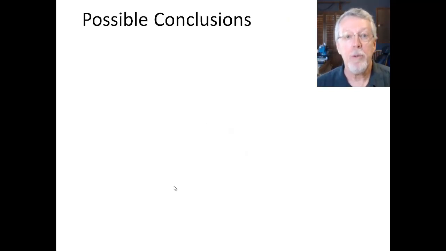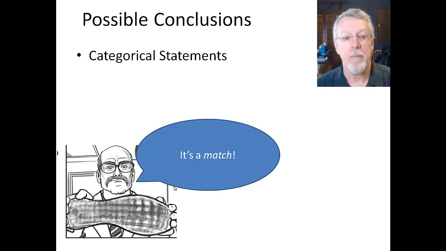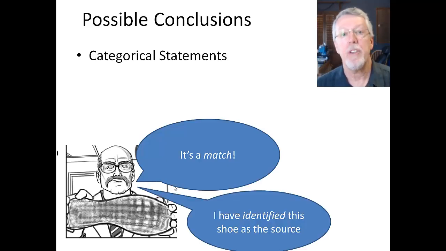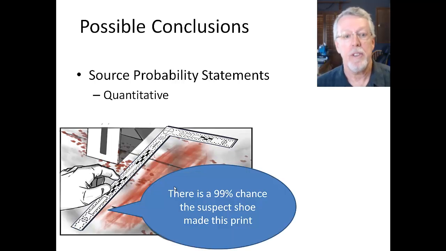So the possible conclusions that forensic scientists report after that analysis vary. In the United States, it's common for them to make categorical statements. They might simply say it's a match, or say that they have identified the item as being the source of the mark in question. Sometimes they make statements about the probability that the items have the same source.